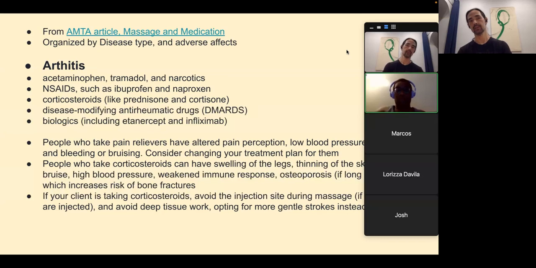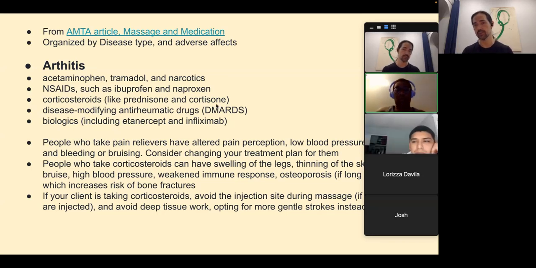And there are steroids which reduce inflammation, corticosteroids like prednisone and cortisone. And then there are non-steroids like ibuprofen and naproxen. Drugs like acetaminophen, they don't have an anti-inflammatory effect, neither do narcotics.